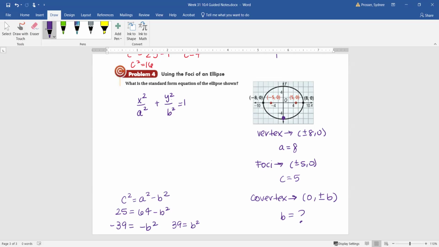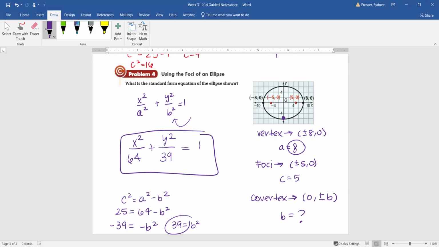Okay, so now I know 39 equals b squared, which is all I need to write the standard form equation of this ellipse. I've got x squared over my a squared, 64, plus y squared over my b squared, which is 39, equals 1, is the equation of that ellipse that's shown.